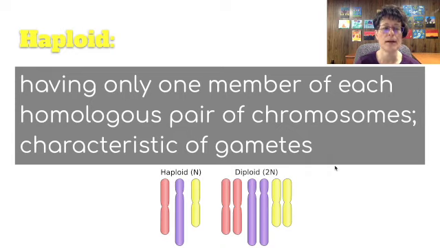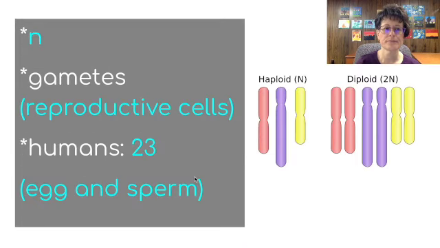There's also haploid. This is having only one member of each homologous pair of chromosomes, characteristic of gametes. So haploid, think half the number of diploid. We represent that with the letter N. The haploid number is found in gametes or our reproductive cells, and in humans that would be 23, and this is our egg and sperm.